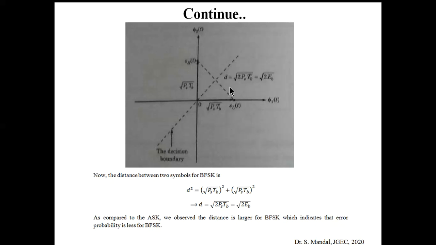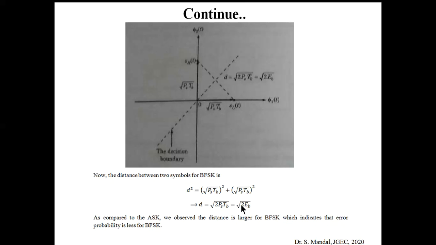Now the distance between the symbols in the signal space diagram actually denotes the noise immunity or error probability. So you can see that here the distance between these 2 points will be d square equal to root over PsTb plus root over PsTb square. So d will be root over 2 into Eb. But remember that for ASK, the distance between symbol 1 and symbol 0 is root over Eb.